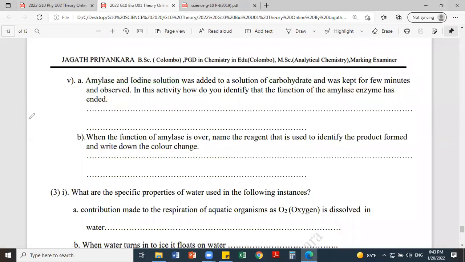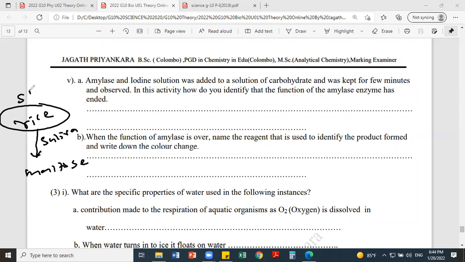When you put some rice into your mouth, it begins to become what? It's getting converted into maltose, but not within 1 minute, because of saliva. Saliva contains amylase. Saliva converts rice. Rice means starch, right? That is converted into maltose, because of salivary amylase.